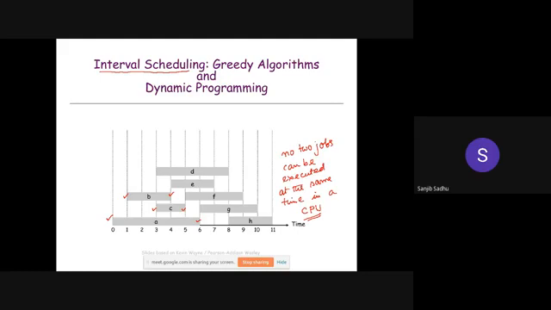So that means there is no preemption. You will learn about preemption in operating systems. Preemption of a job means once a job has started, there may be the case that some higher priority job has arrived, and the lower priority job releases the CPU to the higher priority one, and starts later. No, this will not happen in this case. So no preemption, and no two jobs can be executed at the same time.